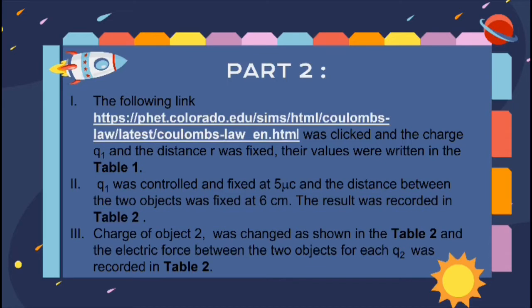The result was recorded in table 2. Third, the charge of object 2 was changed as shown in table 2 and the electric force between the two objects for each Q2 was recorded in table 2.